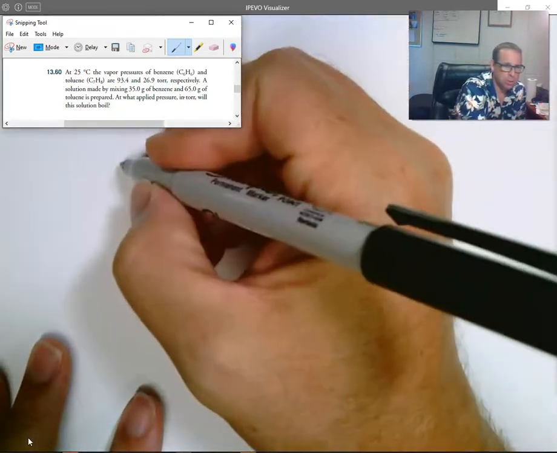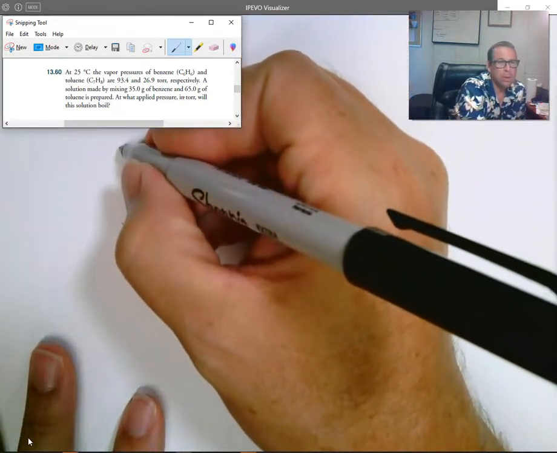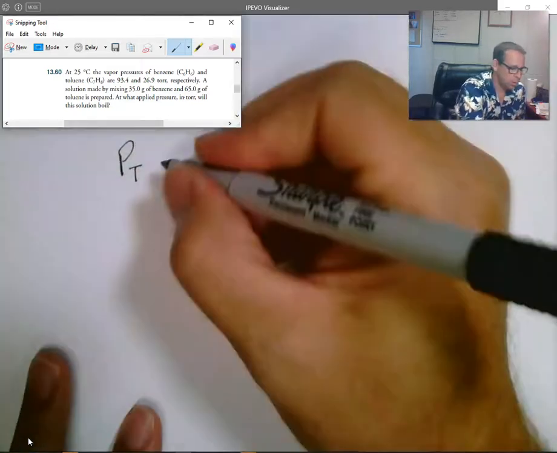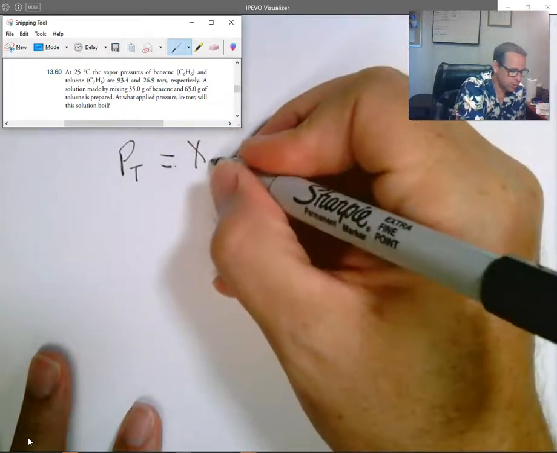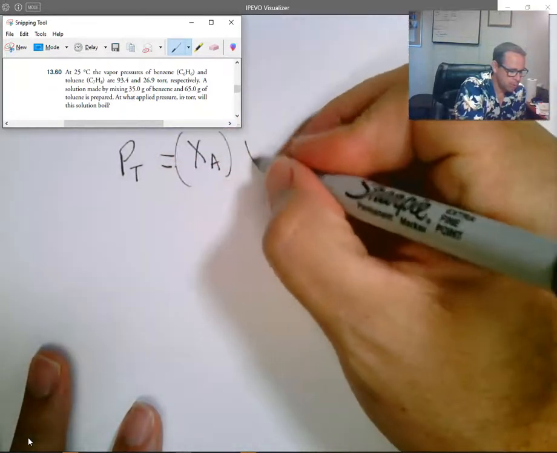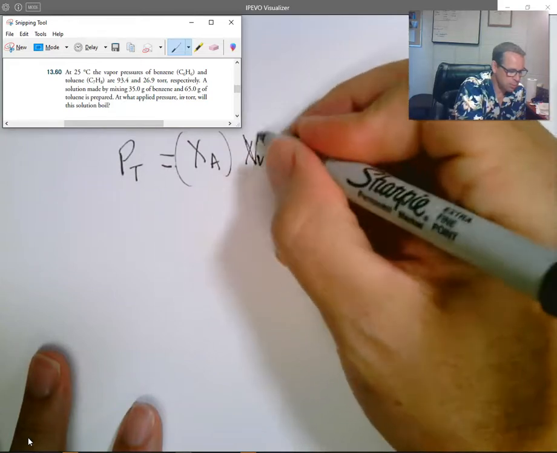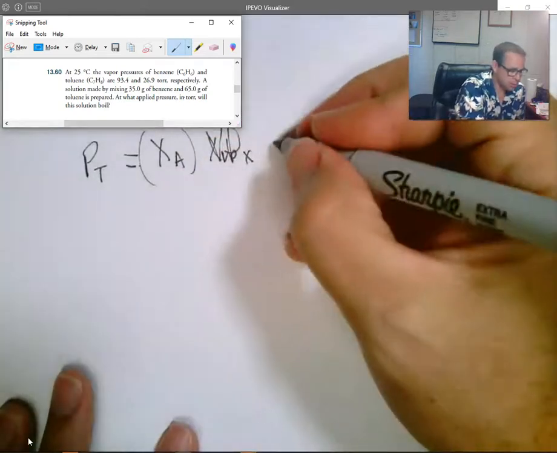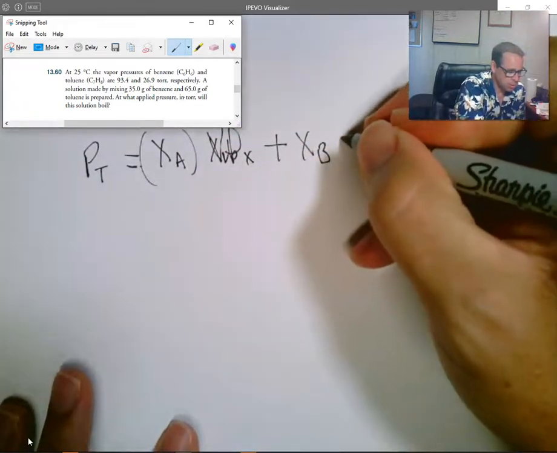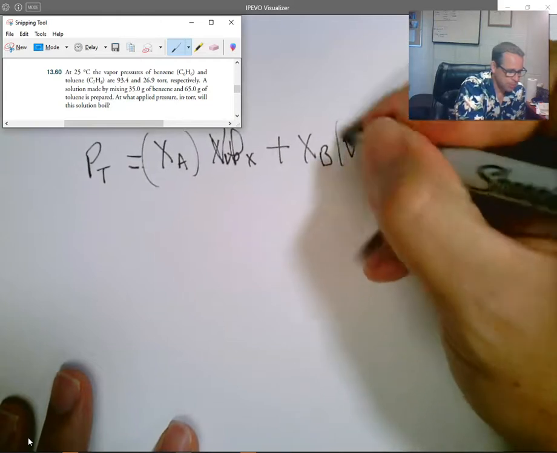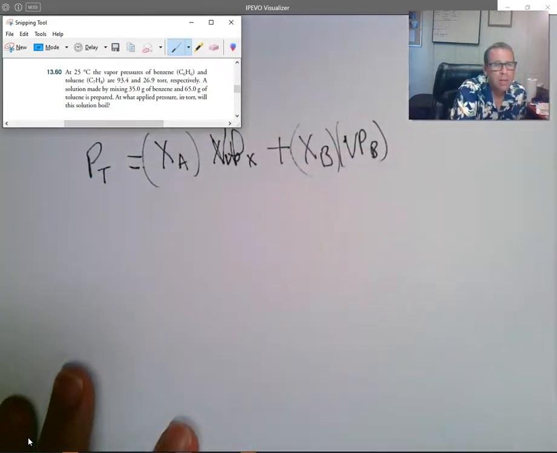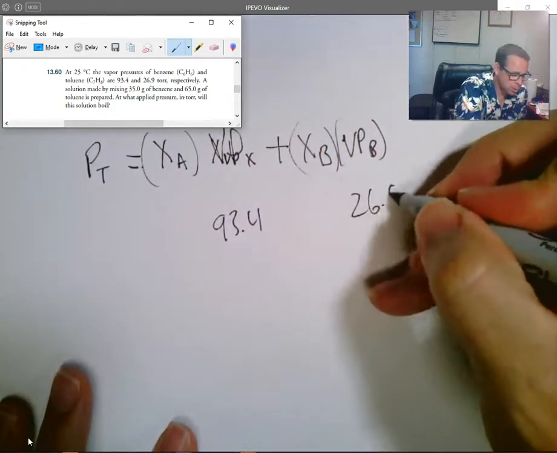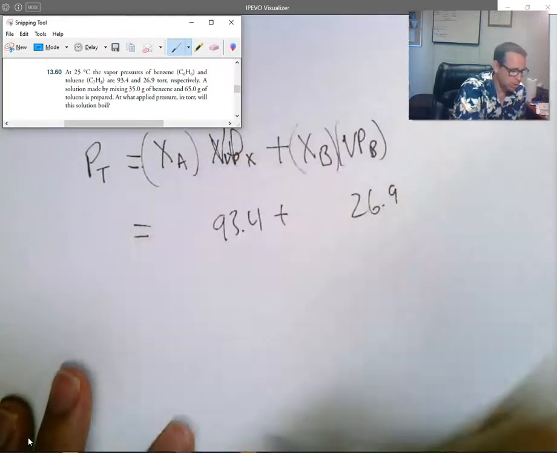So the vapor pressure, the total pressure of a system will be equal to the mole fraction of whatever contributor there is times the vapor pressure of X. And if there are multiples of these, mole fraction of B times the vapor pressure of B. So all we have to do is take the vapor pressure of A, 93.4, vapor pressure of B, 26.9, and we just need to fill in the mole fractions there.